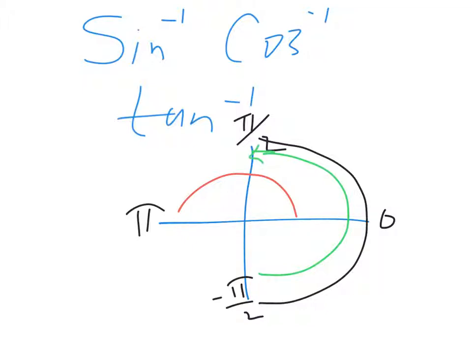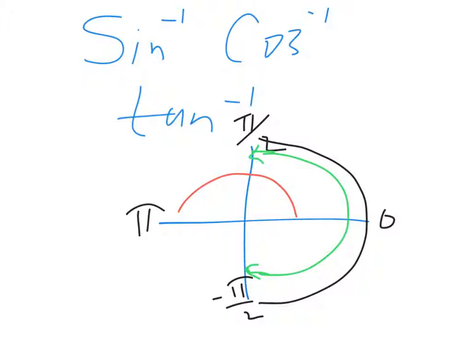Sine can go right up to these and touch these. But tangent cannot. So if I asked you for the tangent of pi over 2, you can't do it, because it's got an asymptote there. Inverse tangent of pi over 2, can't do it. It's an asymptote. All right, so those 3 are really, really important.